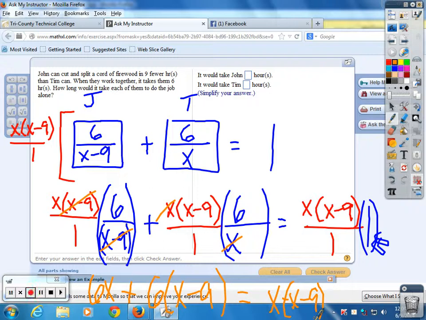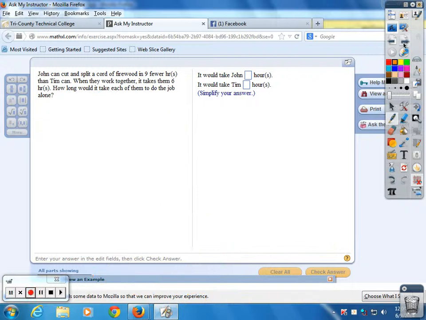So 6x, okay, 6x plus, what would that be, 6x? I don't know what it was. What was it? 6x minus 54 is equal to what?